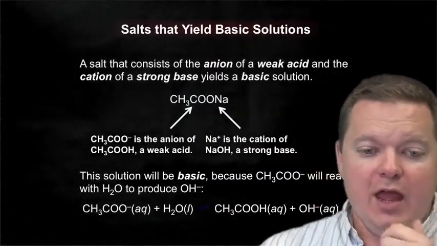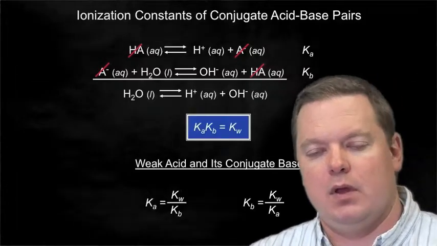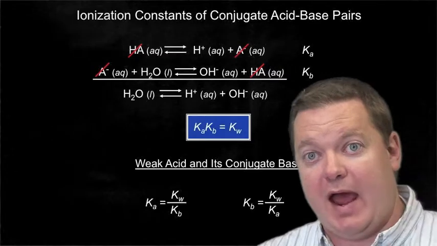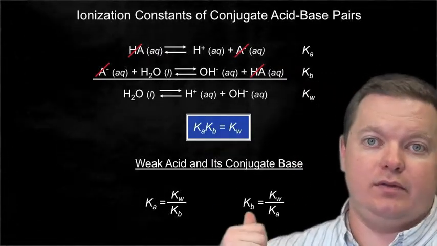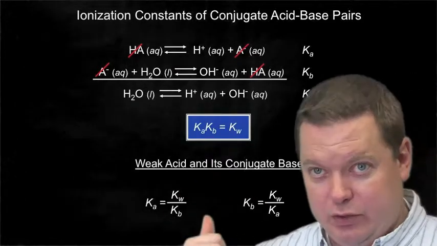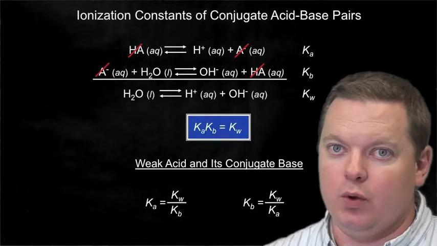If you remember when we first talked about these equilibrium expressions, if we can add up two equations to get a third, then we can manipulate the equilibrium constants to calculate a new equilibrium constant.